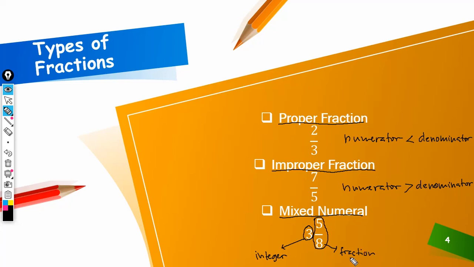So we call it mixed numeral, or in bahasa Indonesia it's called pecahan campuran. So these are three types of fractions: proper fraction, improper fraction, and mixed numeral or mixed fraction.